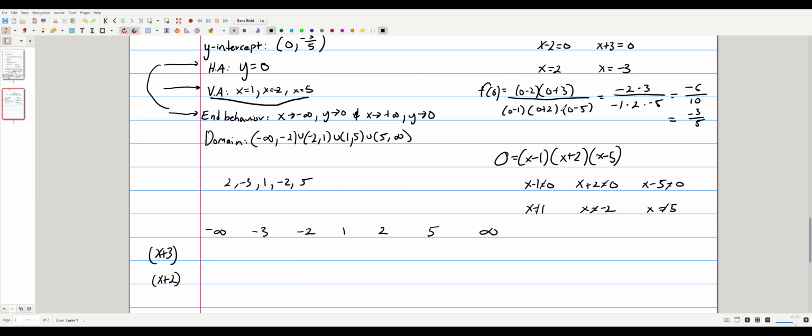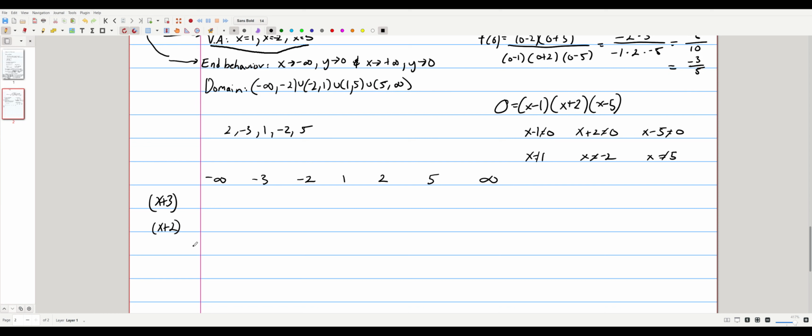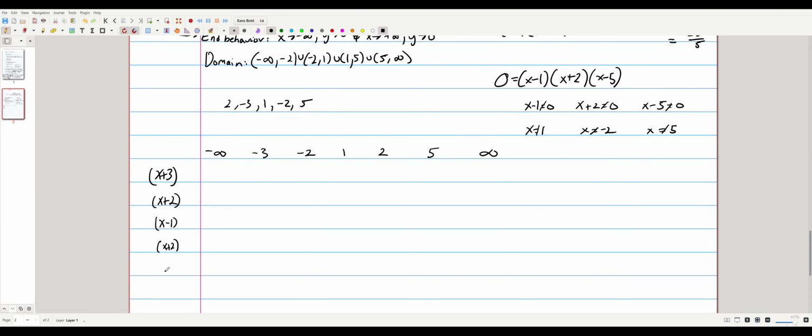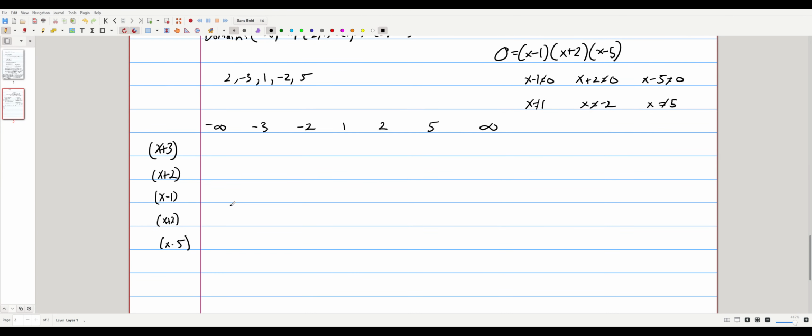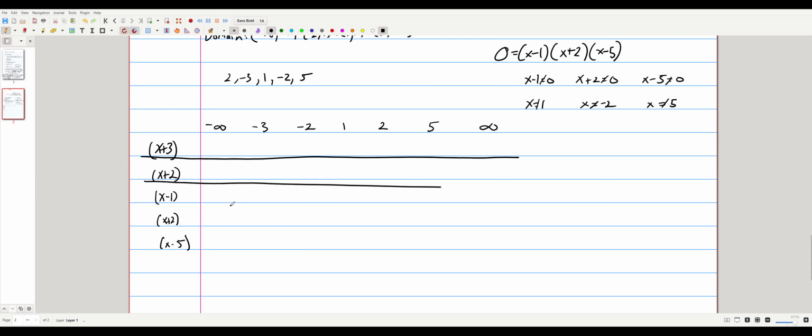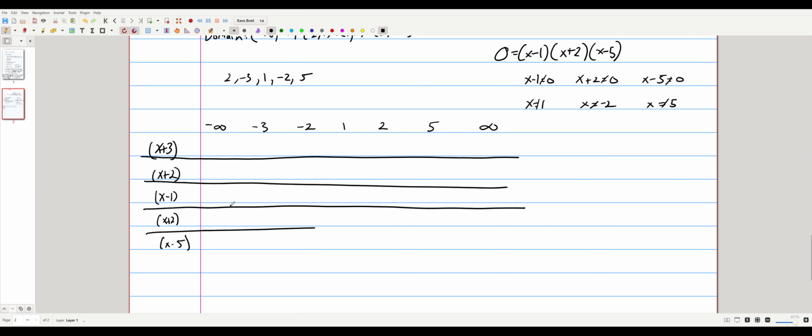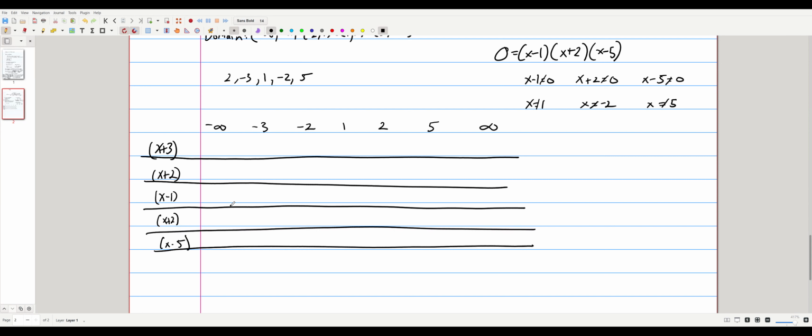And you're essentially going to follow the same order except drawing vertically. And so we got 1 from x minus 1. We got 2 from x plus 2. And we got 5 from x minus 5. Okay? And so now we can draw some horizontal lines to kind of make our table look a little neater. Hopefully your lines will look a little straighter than mine.